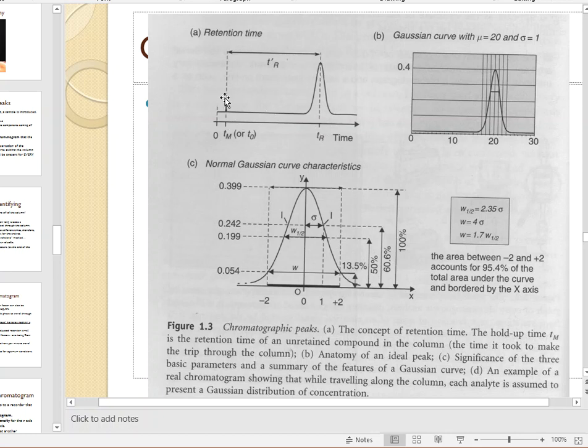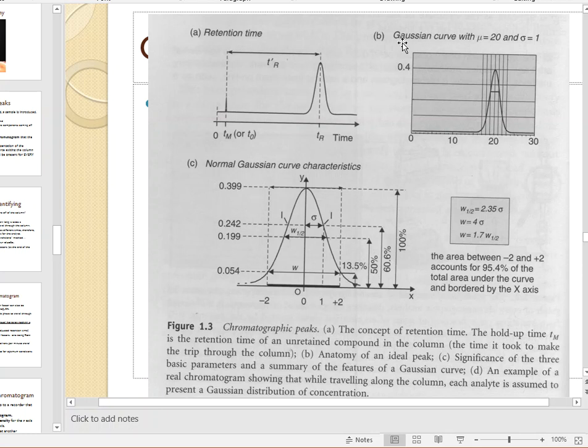And we said that, depending on the length of the column and the instrumentation settings, the T sub m and the T sub r can be subtracted from each other to give us the true adjusted retention time. Because there's a little bit of time here in the very beginning that it takes the mobile phase to go through the instrument. And some people do not want to count that time because it is what we would call dead time or hold up time.